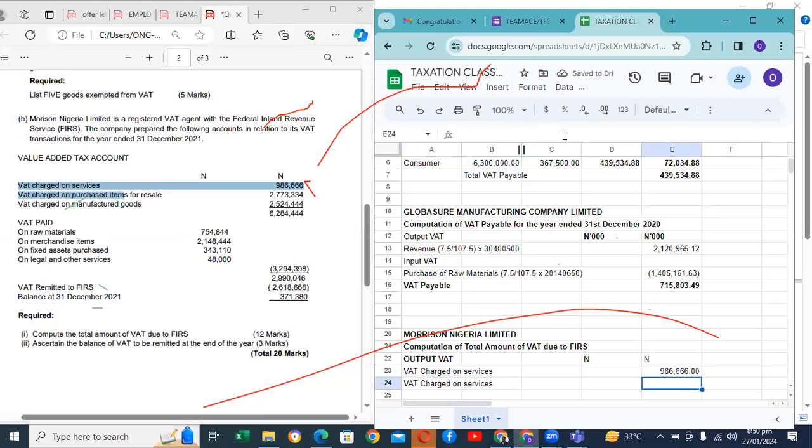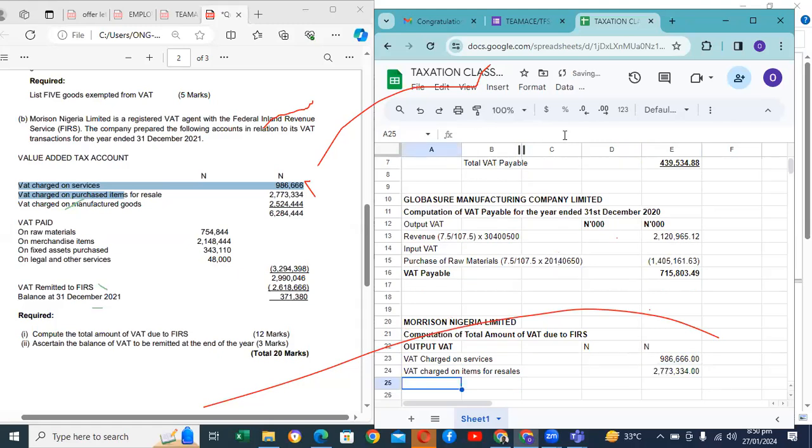Sorry, I said services. VAT charged on what? Items for resale. Charged on items for resale. How much is that? 2,773,334.